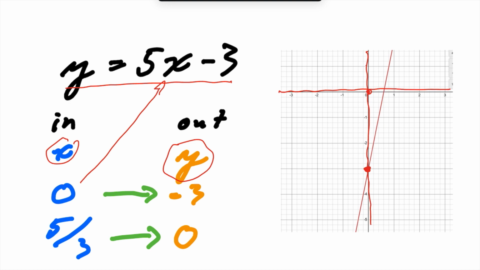Now there's an infinite number of inputs and outputs that result from this kind of function, and the input-output combinations make up this line. For example, if you put in 5/3 as the input, the function tells you what to do with that to get the output, and that gives you this point: 5/3 comma 0.